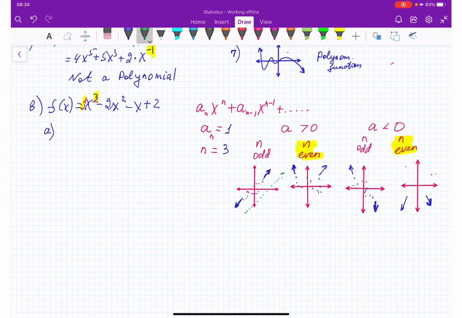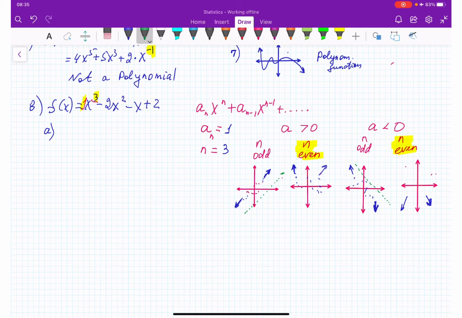Yes, and when a is less than 0 and the degree is odd, it reminds you of a linear graph that goes down, decreasing. So that's approximately how you can remember.